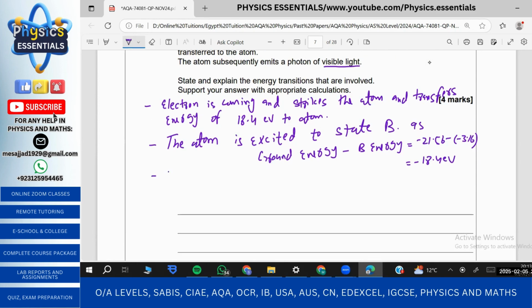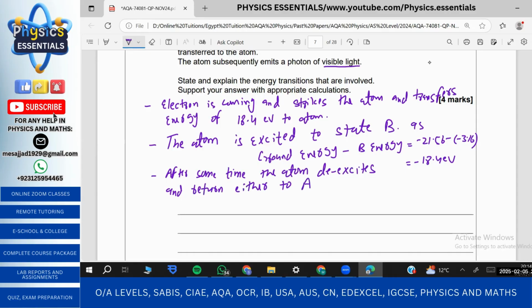Now, after some time, the atom de-excites and returns either to A or ground state and emits the visible light photon. Now, which level, I mean A or ground, is the atom going to de-excite to?